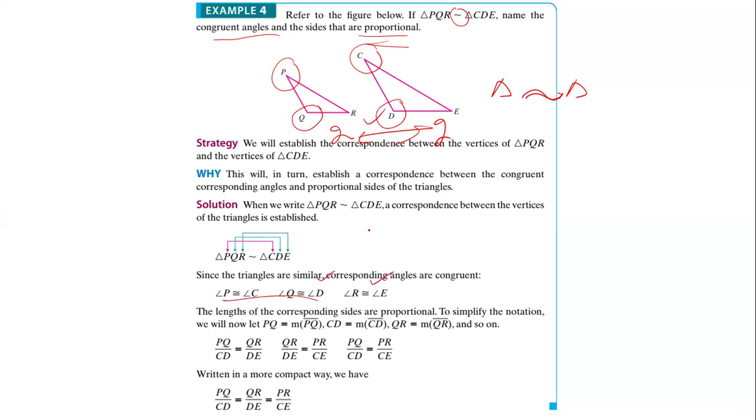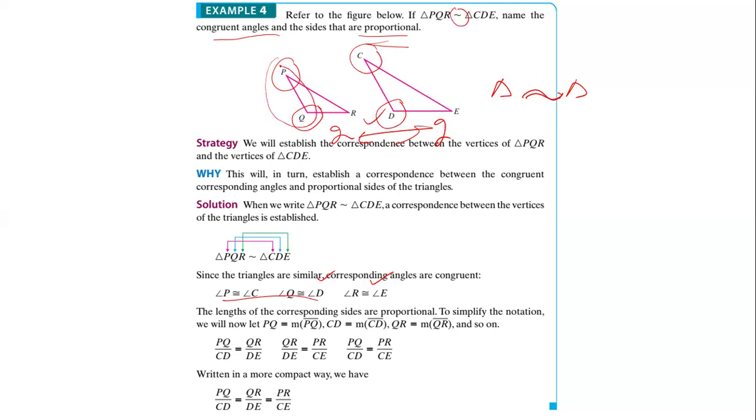If at least two angles are congruent, the third one will be, and the triangles are said to be similar. So their ratio, the sides will be proportional.